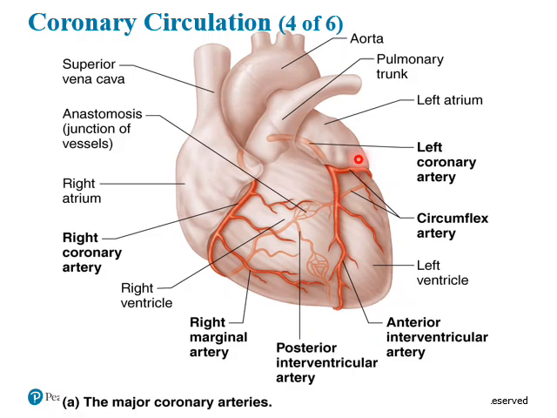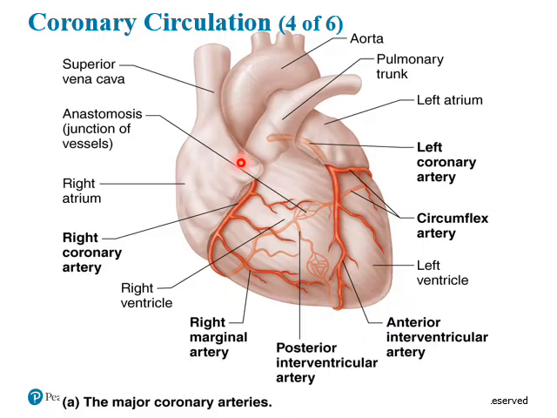The coronary arteries would receive their blood from the aorta. This is your aorta. The first branch of the aorta is your left coronary artery. The left coronary artery branches into your circumflex artery and the anterior interventricular artery.